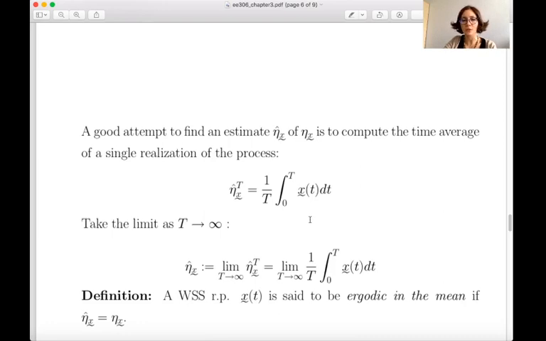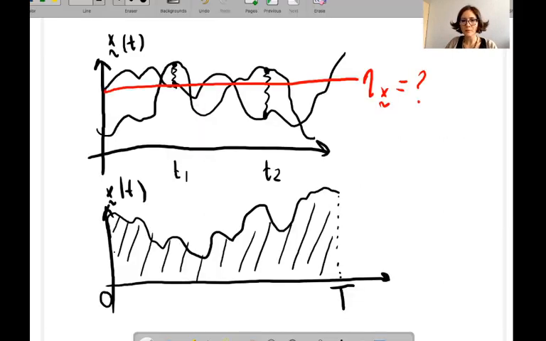Take the time average. Now, if you are able to observe your process until the time instant capital T, you would take this integral between 0 and T. Now, of course, as you can guess, the longer you observe your random process, the more data you will have, and then your estimates will probably get better and better.